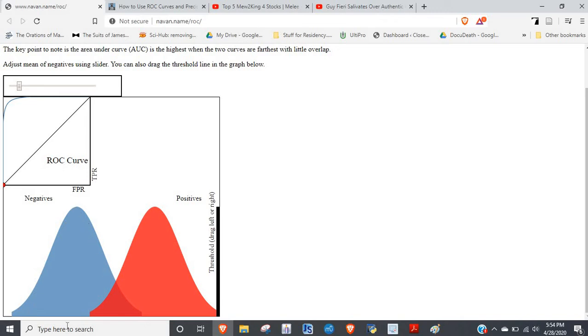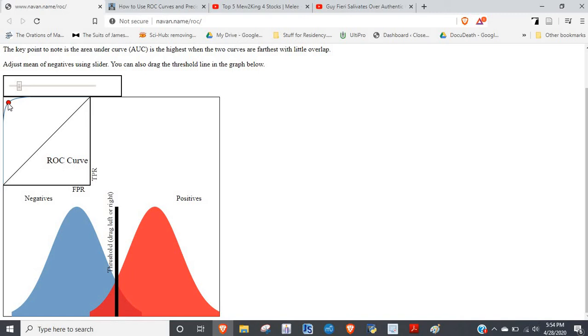You've got a bunch of people who are negative that the test is probably going to test negative, and a bunch of people here where the test is probably going to test them as positive. However, depending on where we put our threshold, that's what the test is going to say is positive or negative. So what happens when we put our threshold here? Well, we maximize right here.